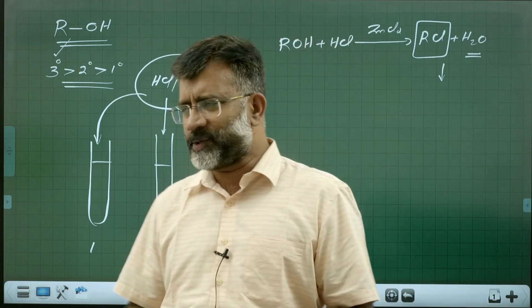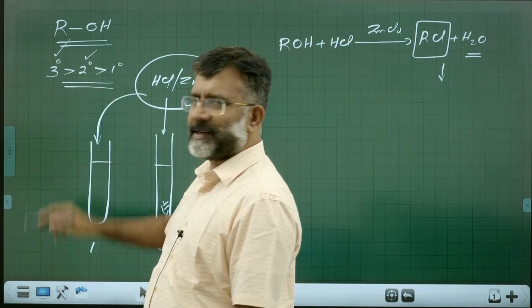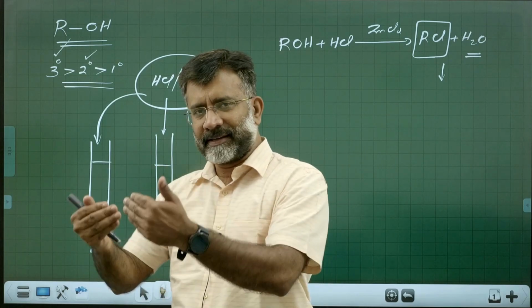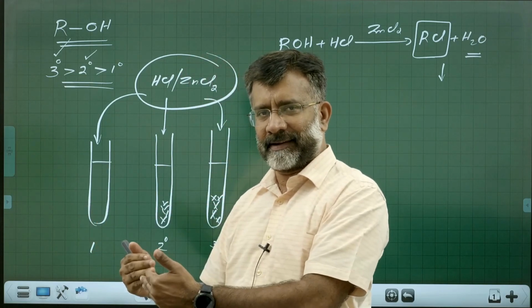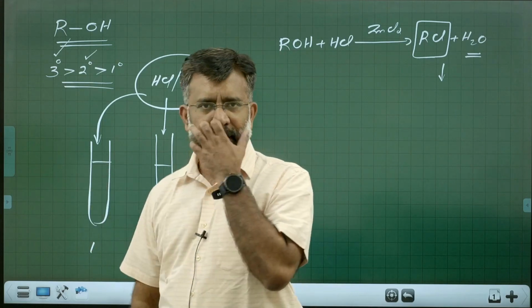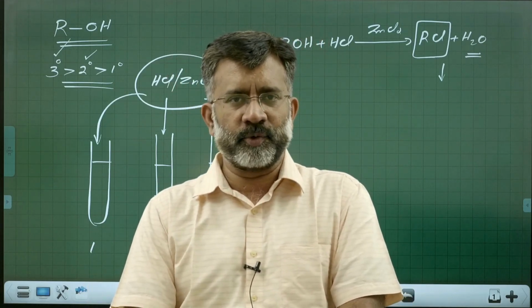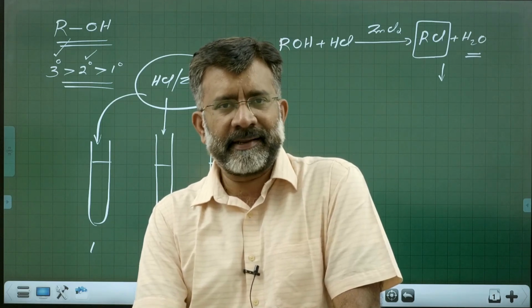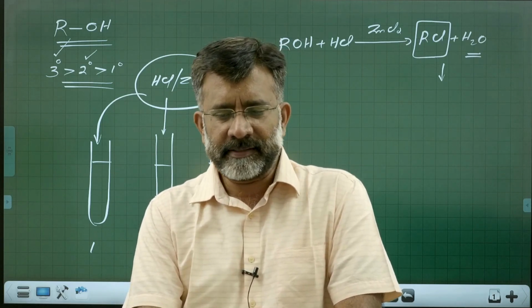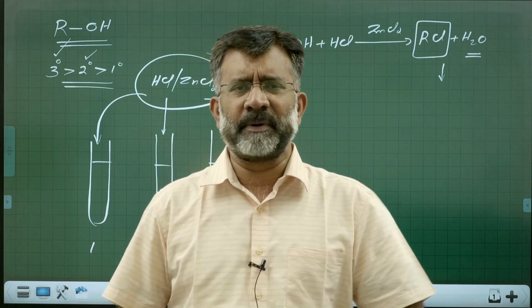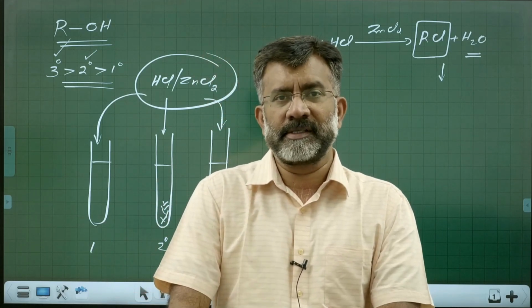Quite natural, look at the reactivity. Tertiary is most reactive, then secondary, while you don't get a turbidity in primary alcohol under normal conditions unless you heat it. Only by heating do you get a turbidity there. This is a convenient, simple test for simple alcohols.